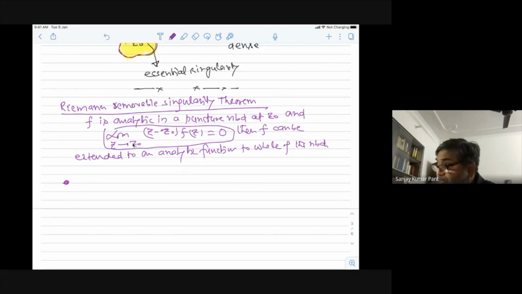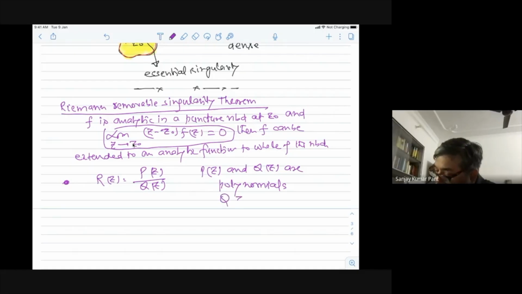For example, if I give you a rational function R(z) equals P(z) upon Q(z), where P(z) and Q(z) are polynomials, naturally the zeros of Q(z) will give the singular points, if there are singular points.